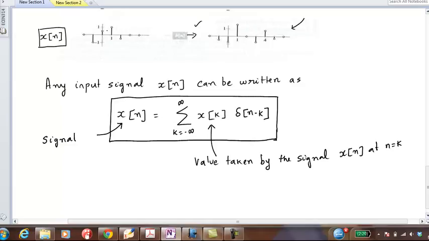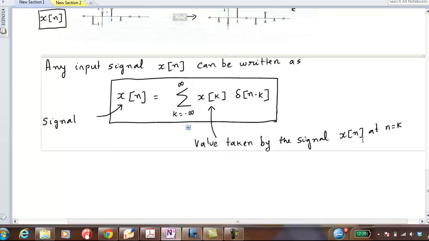I think I mentioned this in one of my earlier lectures. We will be using x of k to denote two things. What it's essentially saying is the signal x of n can be written as a linear combination of weighted and shifted impulses.